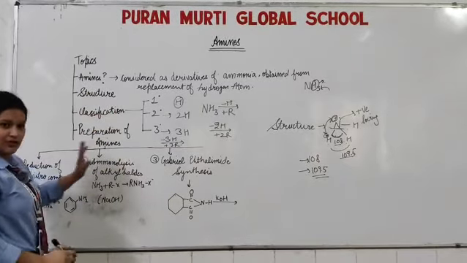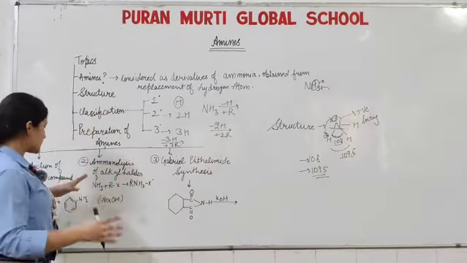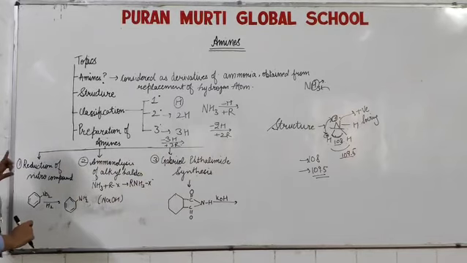Next, move to the preparation of amines. Basically we have 6 reactions for this. From those 6, these are 3 of them. First is reduction of nitro compounds.